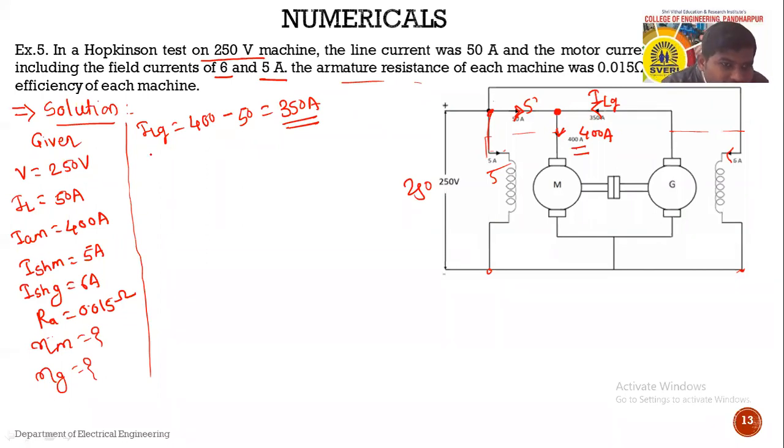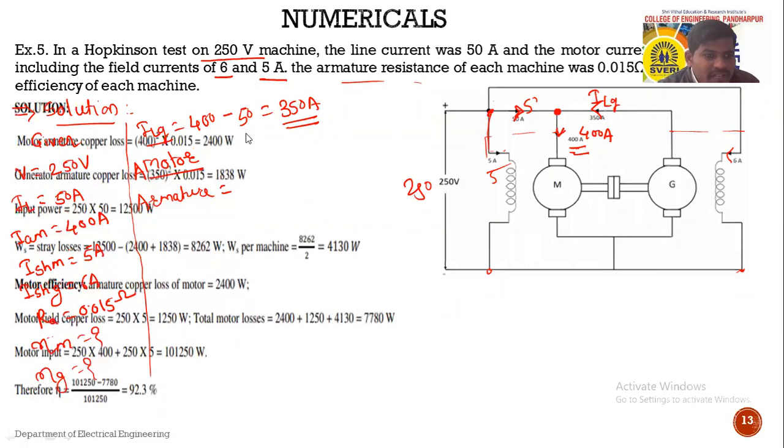इट इज द आउटपुट करंट ऑफ द जनरेटर. जनरेटरचा काय झाला? आउटपुट करंट और द आर्मेचर करंट ऑफ द जनरेटर. ओके, नाउ सी IL ऑफ G मिळालं, त्याच्यानंतर आर्मेचर करंट ऑफ द मोटर आहे आपल्याकडे. According to this, we will calculate the armature copper loss. So see, calculate for motor. पहिल्यांदा मोटर साठी calculate करा armature copper loss.